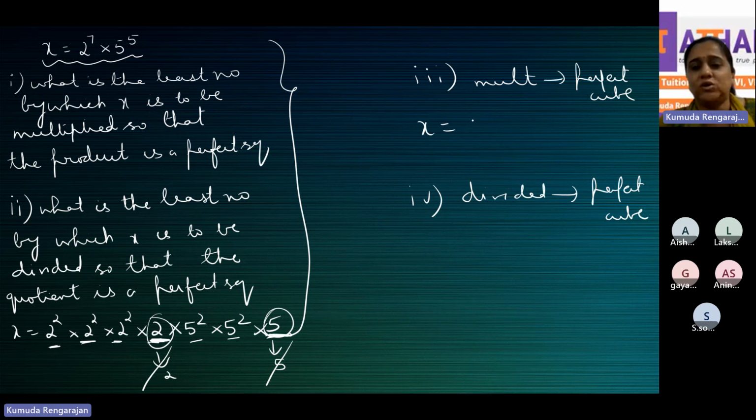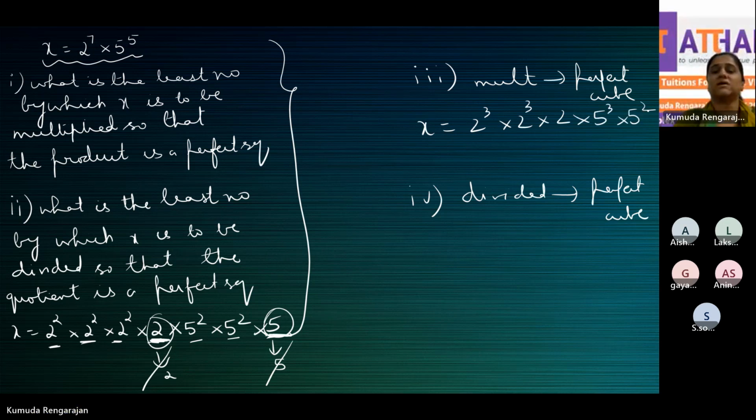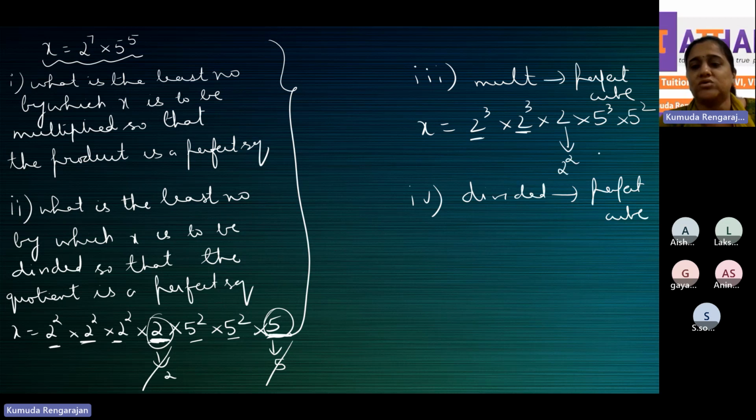Correct? Now the same thing for perfect cube. How do you express X? 2 cubed into 2 cubed into 2 into 5 cubed into 5 square. Because 2 to the power 7 is 2 cubed into 2 cubed into 2, and 5 to the power 5 is 5 cubed into 5 square. So for multiplying, this one occurs in triples, this one needs 2 more 2s.